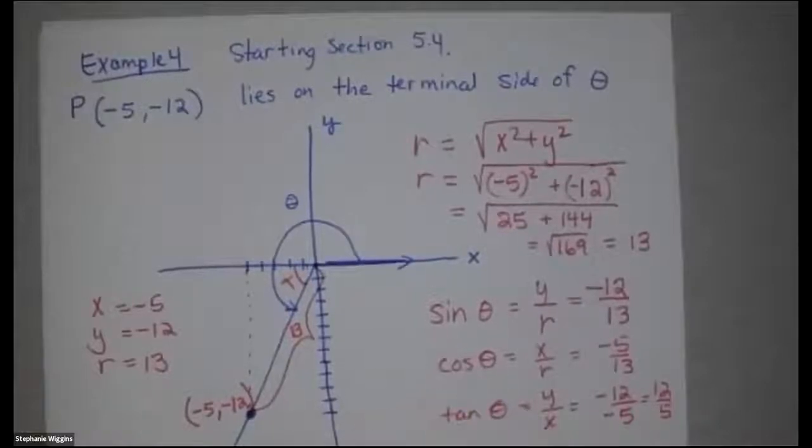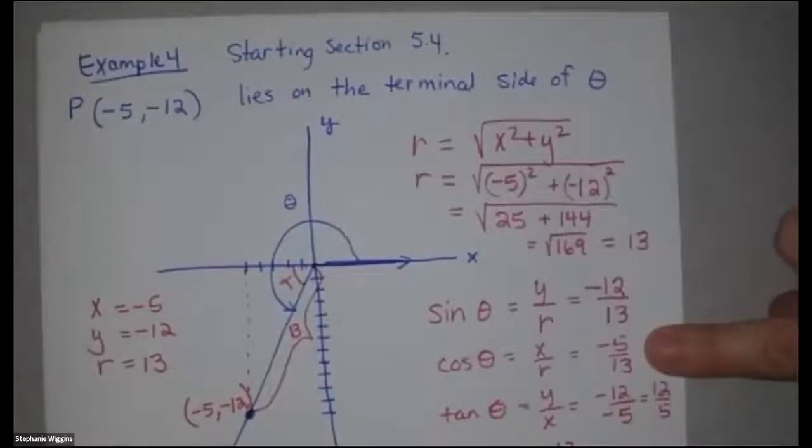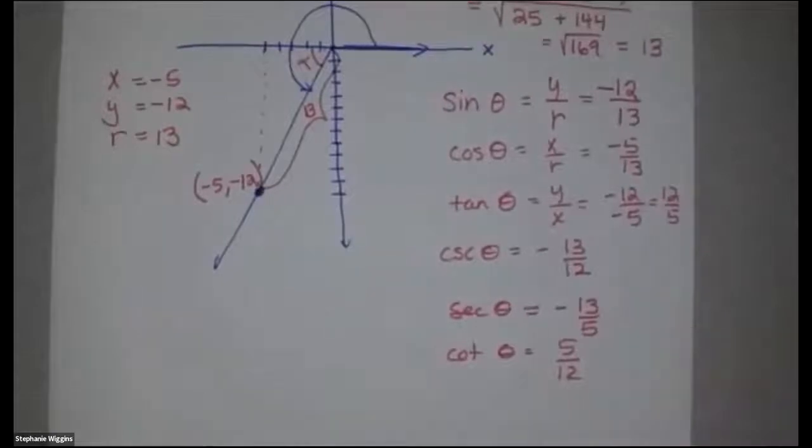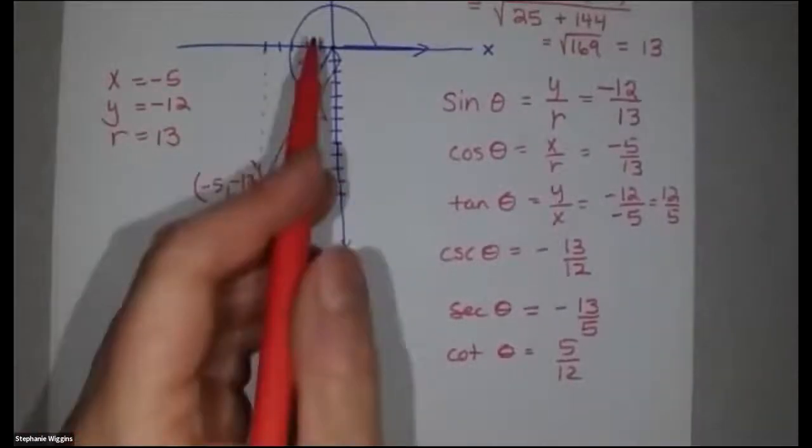And then the reciprocals, cosecant of theta is the reciprocal of sine, so -13/12. Secant of theta is the reciprocal of cosine, which is -13/5. And finally, cotangent of theta is the reciprocal of tangent. This is just 5/12. So that is how you calculate the trig functions for this particular triangle.